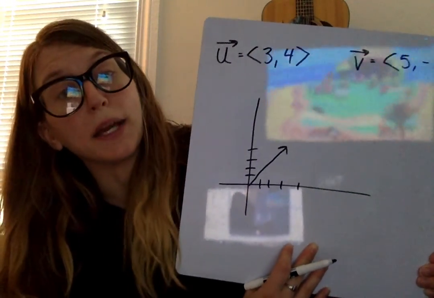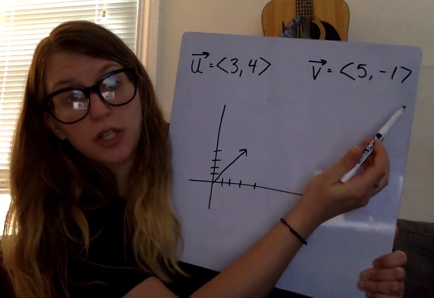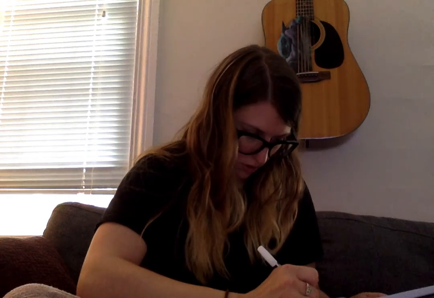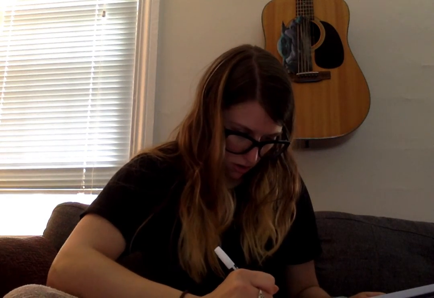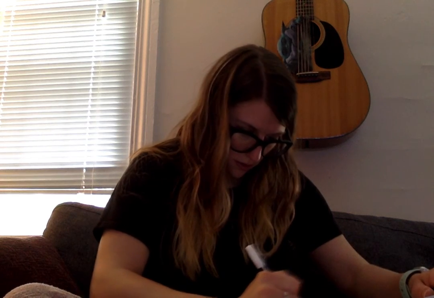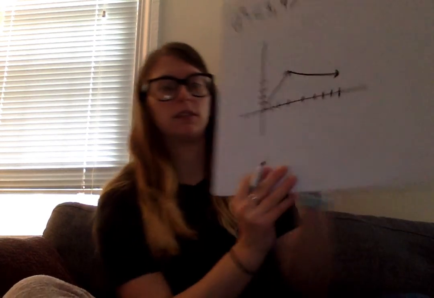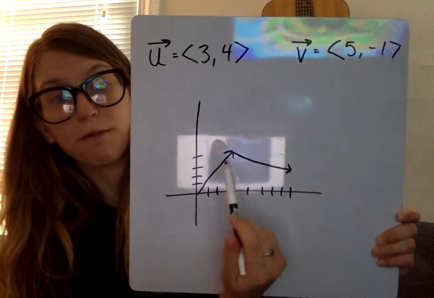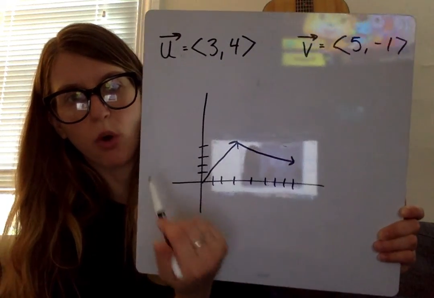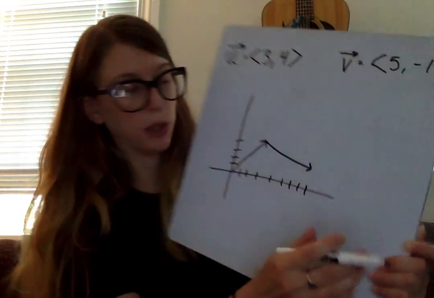When I'm adding it, what I'm doing is taking this vector here, 5, negative 1, and putting it on top. So I'm going to go over 5, down 1. And as you can see, that would be 5, negative 1. So I'm just putting them on the end of each other, basically.